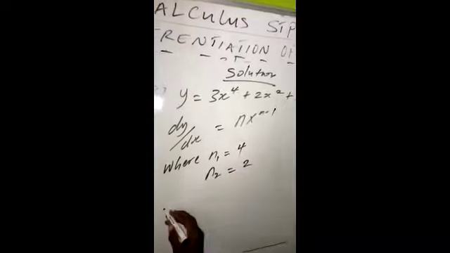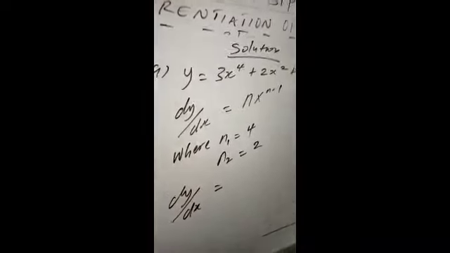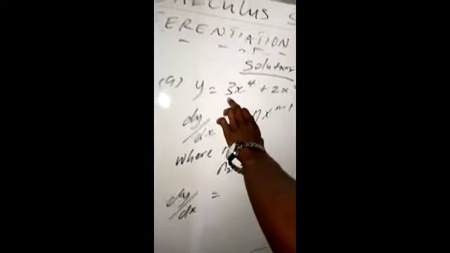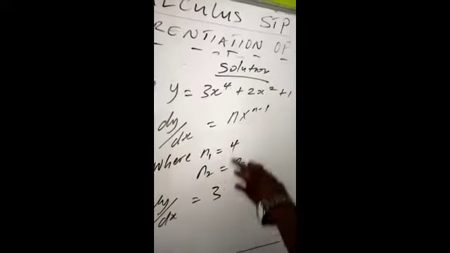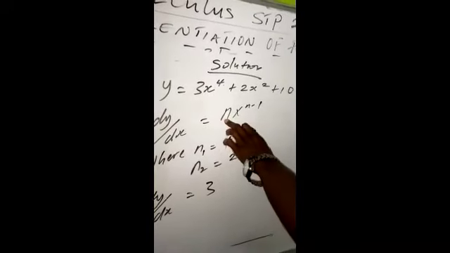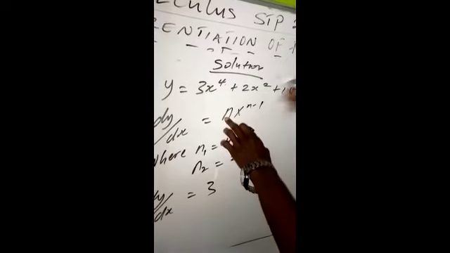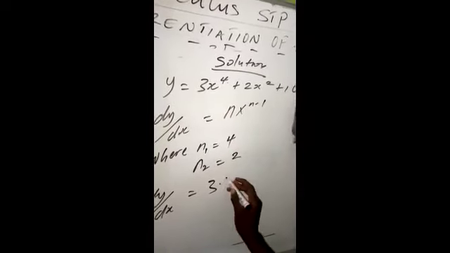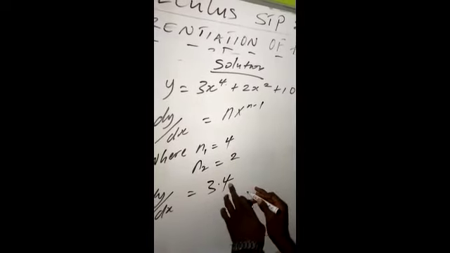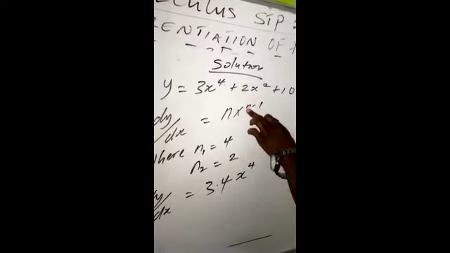Then from this point, I'm using the formula. Therefore dy/ds, this is my 3. I will write 3, the coefficient. Remember, under this 3 there is n, that is my power. So any place I see n, I will put 4. Dot means multiplication. That is 3 dot 4, which is s raised to power 4 minus 1, because n is 4 here.